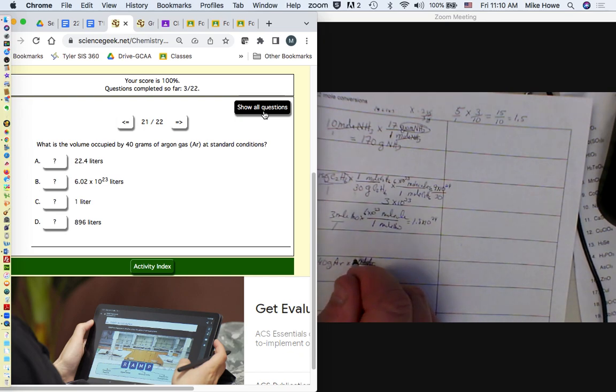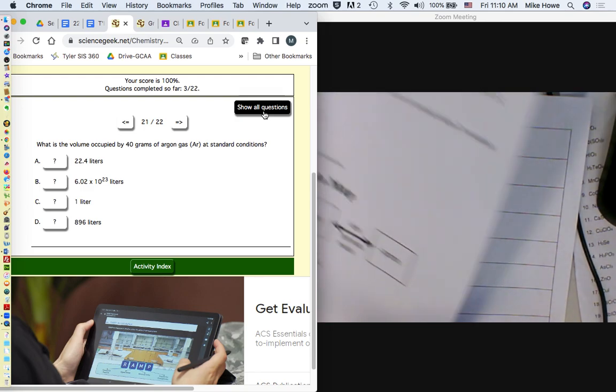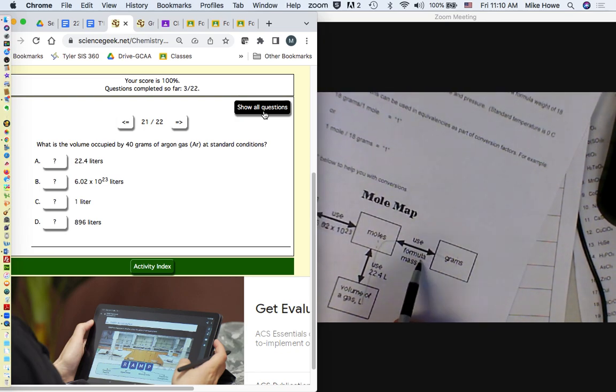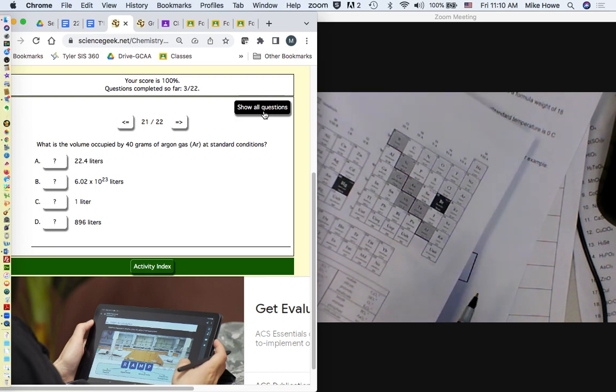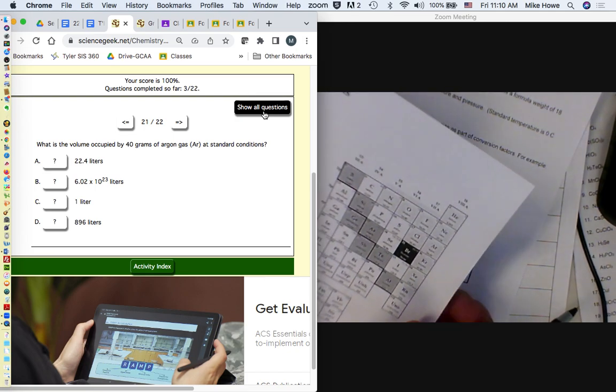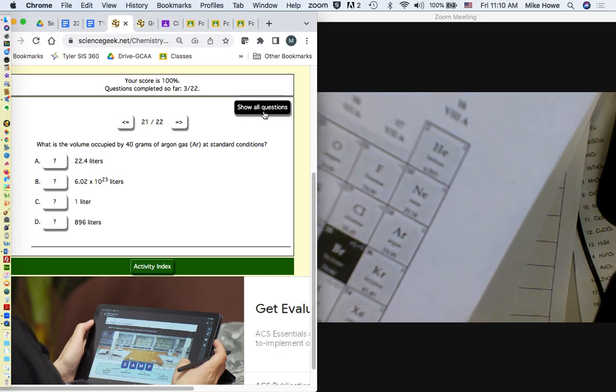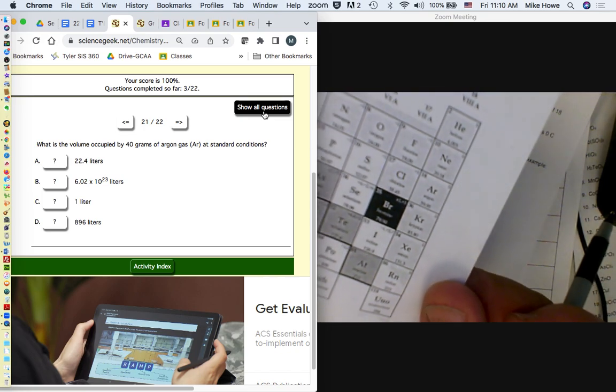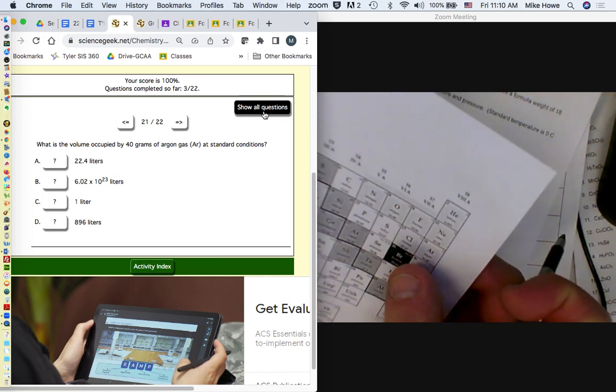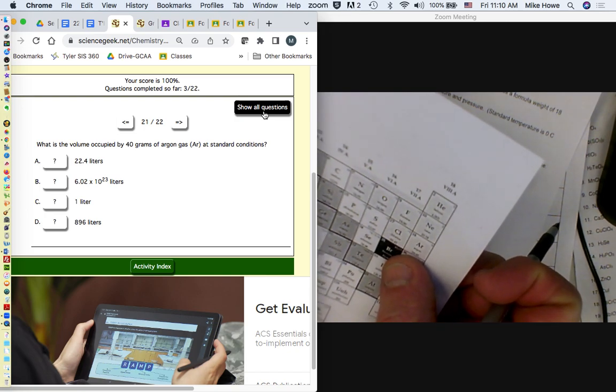The relationship, 1 to 40. And we wonder where that 40 comes from. Remember, when you're going from grams to moles, you use the formula mass definition. Argon is right here on the periodic table, and it says 39.95. So you need to use 40, not 39, because 39.9 rounds up to 40.